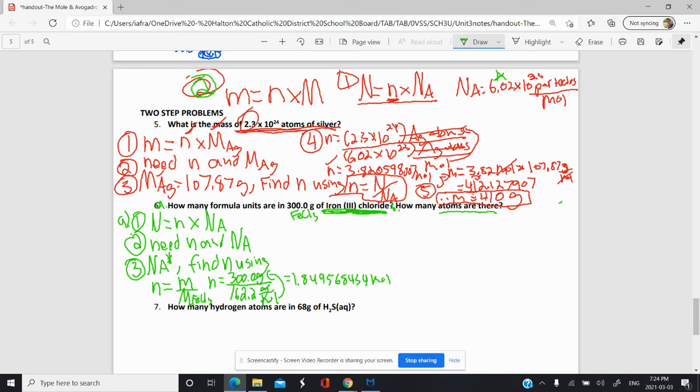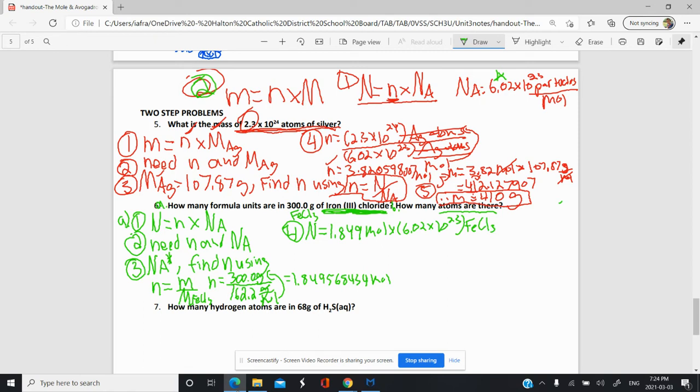So now that I have the number of moles, I can go to step 4, which is go back to my formula that I had to begin with and plug everything in because I have everything I need. So I'm going to do my number of formula units is equal to, and I'm not going to write all this down. Keep in mind, it's all in my calculator, but to save space, I'm going to put 1.849, I'll stop there for now, moles times 6.02 times 10 to the power of 23 FeCl3 formula units.